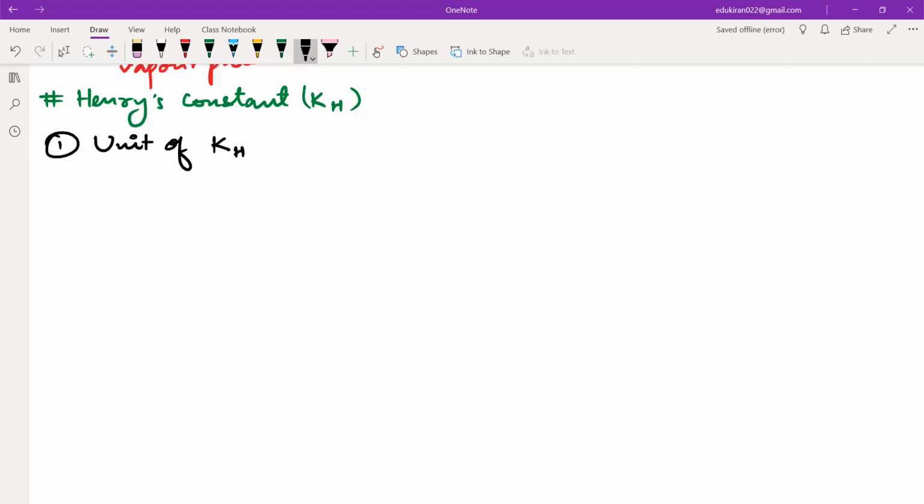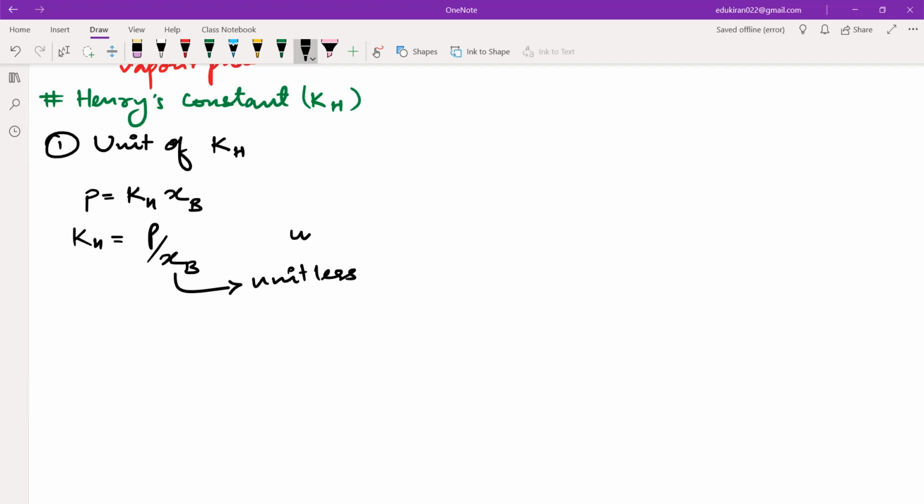We have seen that pressure is equal to kh into chi b, so kh will be equal to pressure upon chi b. Now we know that this chi b is unitless.